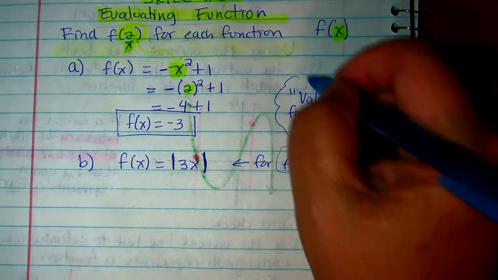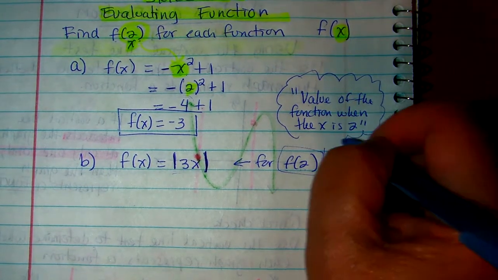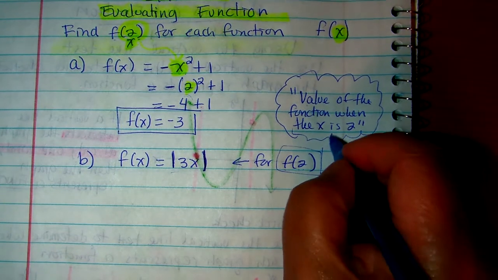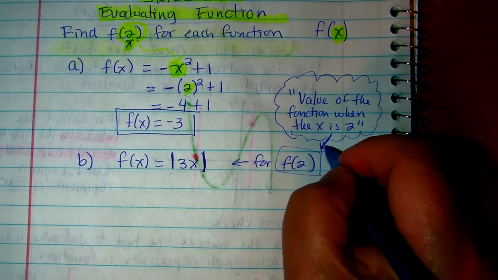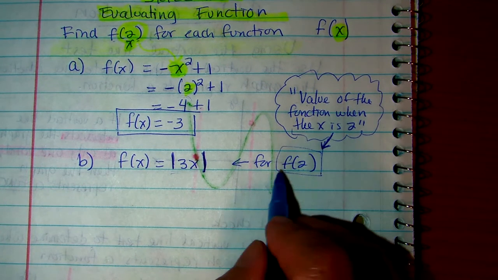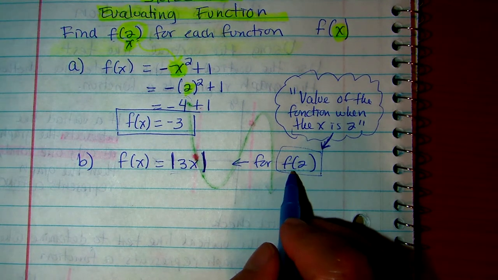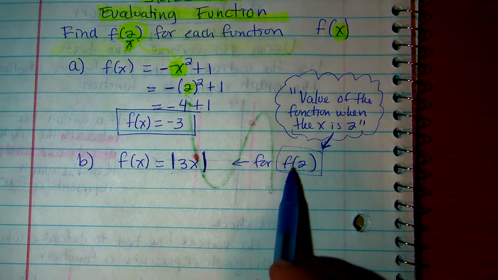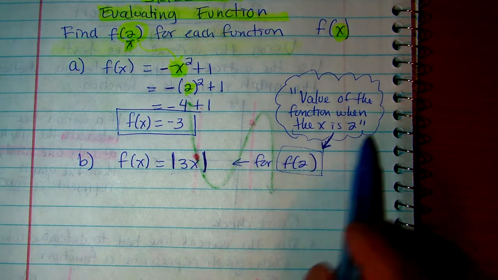Put it right here. This is like a bubble, this is your brain thinking. That way when you see this, you're going to say, oh, okay, I know, it means that I'm looking for the value of the function when the x is a 2.